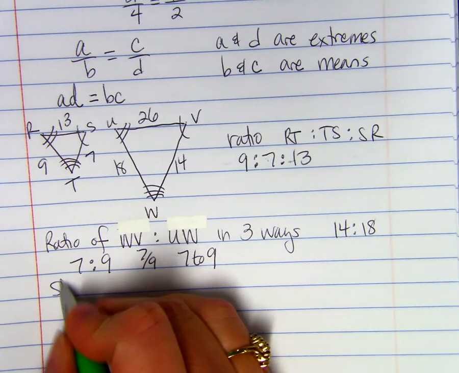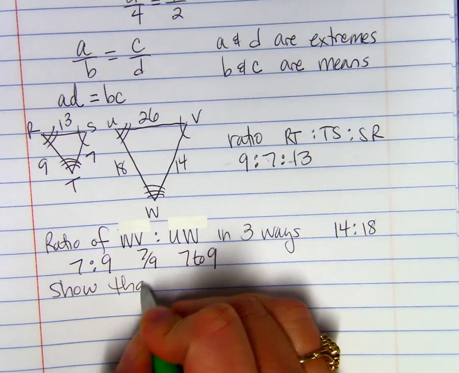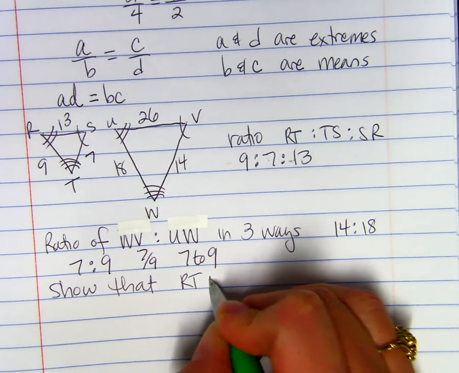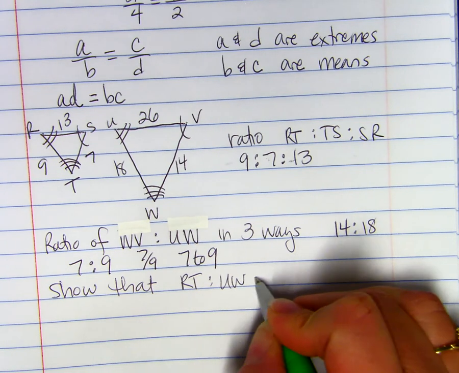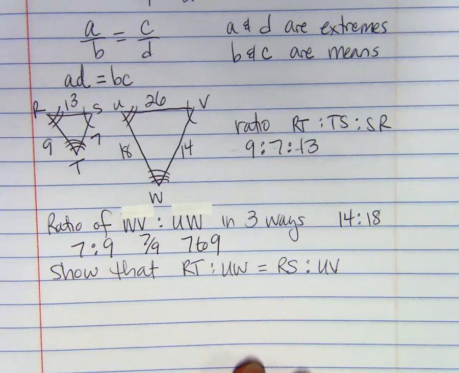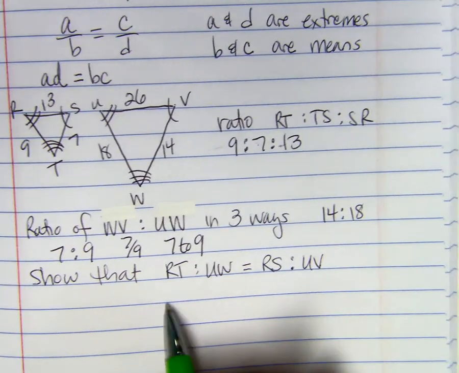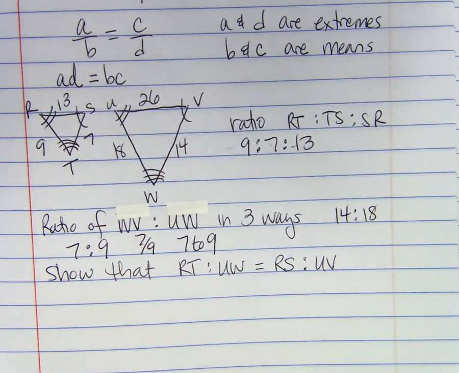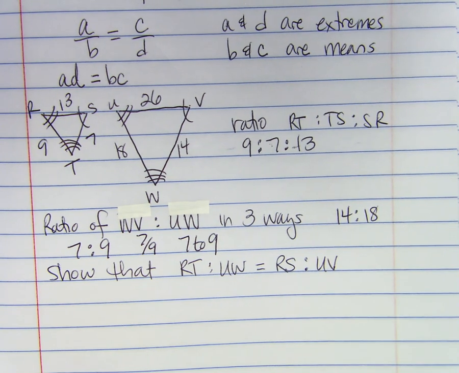Another example might be, show that RT to UW is equal to RS to UV. When we're showing this, you can write a proportion with the two ratios.